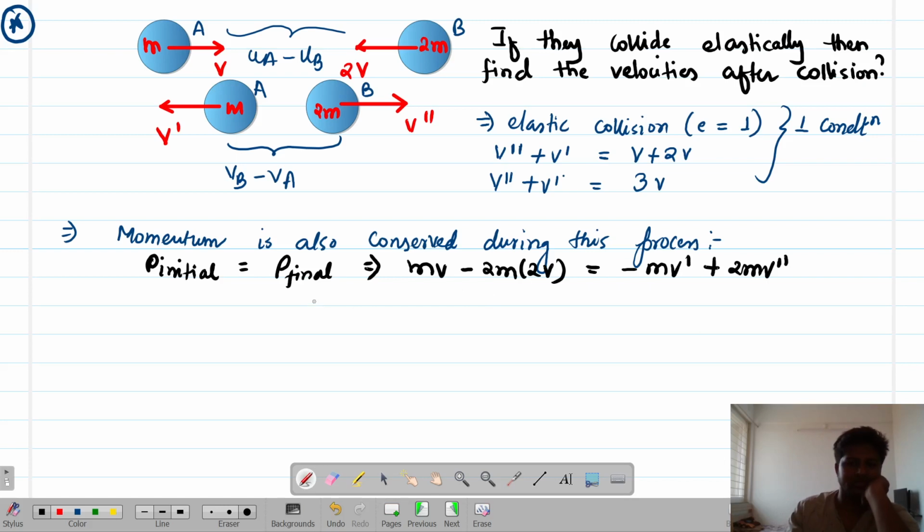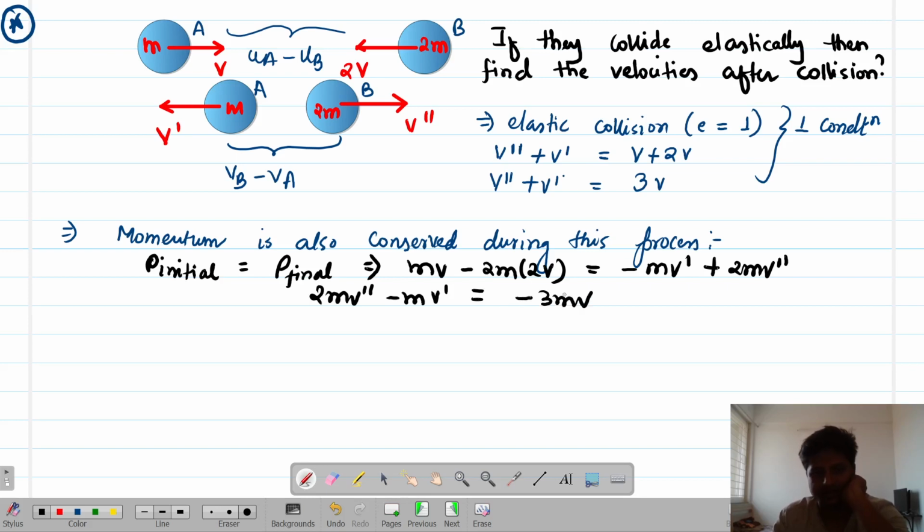So we got this relation that 2m v double dash minus m v dash is exactly equal to minus 3mv, isn't it? So m got cancelled, and 2v double dash minus v dash is equal to minus 3v.